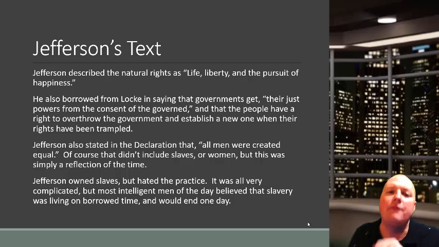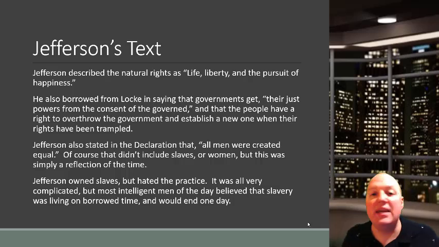So here's the thing, though, what he does get from Locke, and he says that governments get their just powers from the consent of the governed. So that means that the people have to consent to being governed by this government. So again, we have this power inside ourselves. We give up that power and create a government.